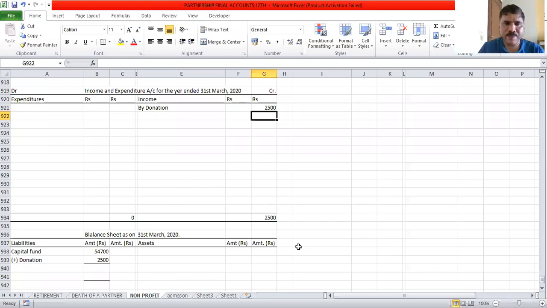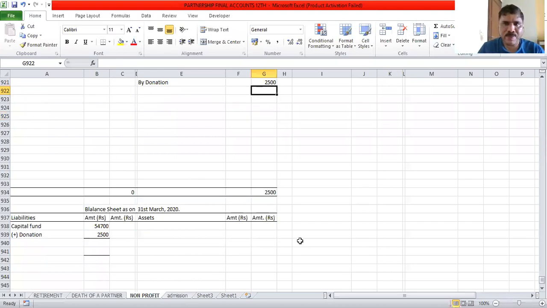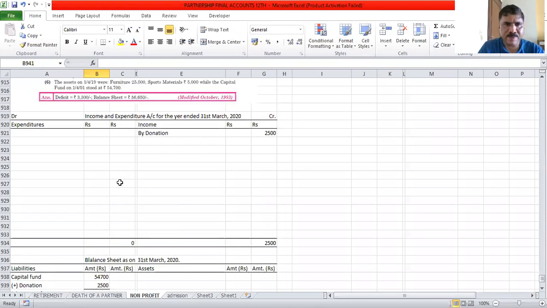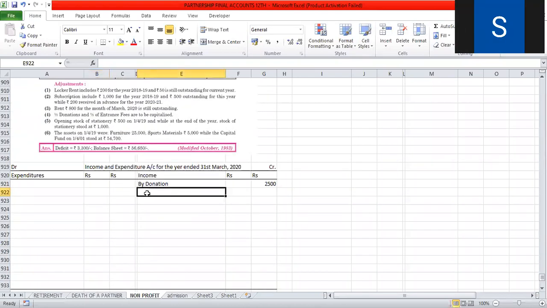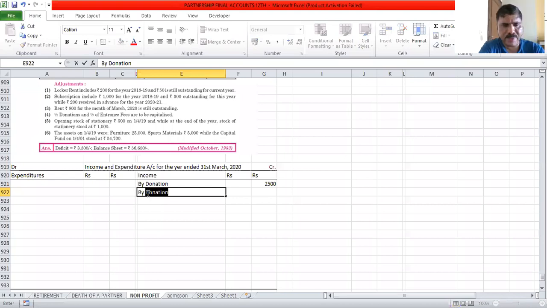What should I do? Add to capital fund, plus entrance fees 1,750. What about the other 1,750? Income side, by entrance fees 1,750.